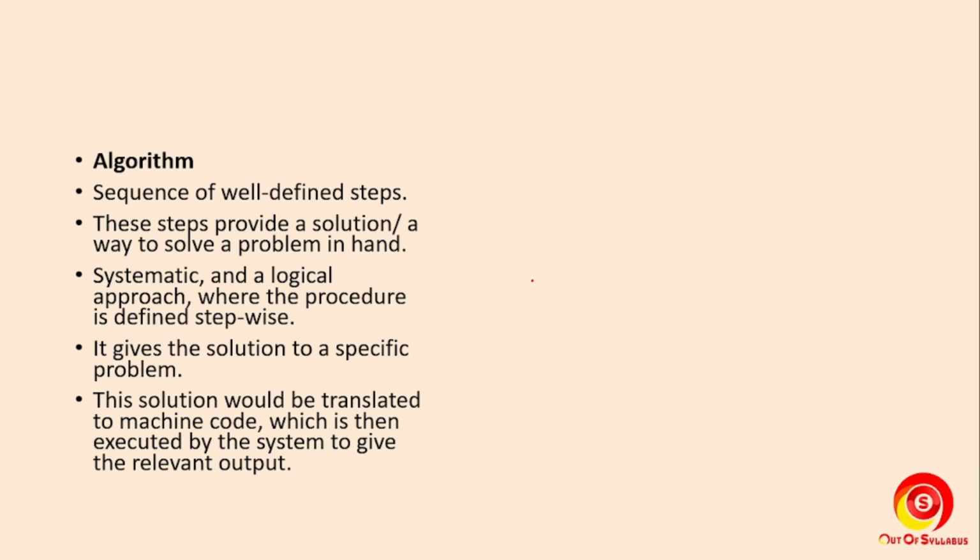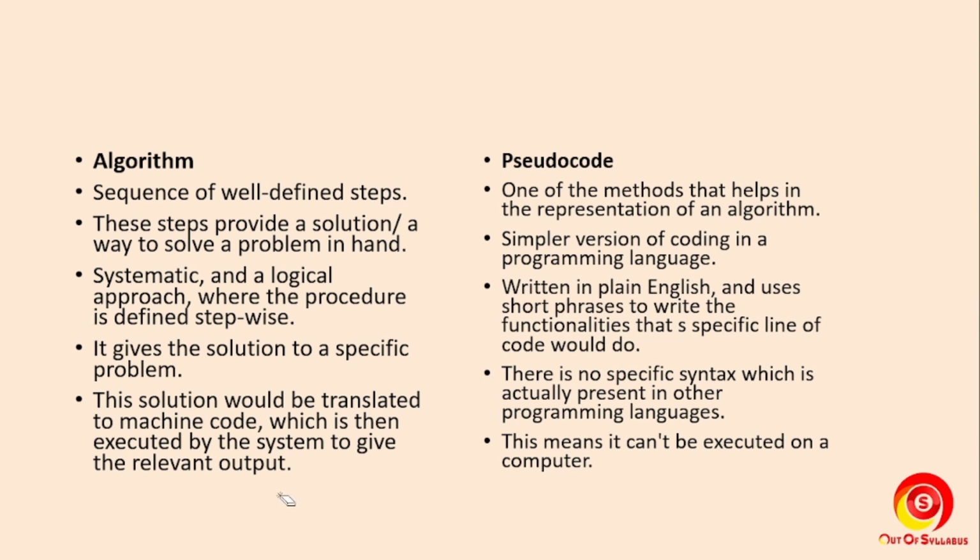And now let's look at the difference between pseudocode and algorithm. An algorithm is a sequence of well-defined steps. We saw that. Let's see what pseudocode is. Though pseudocode is also independent of the programming language, it has some dependency. You can't say it is fully independent.